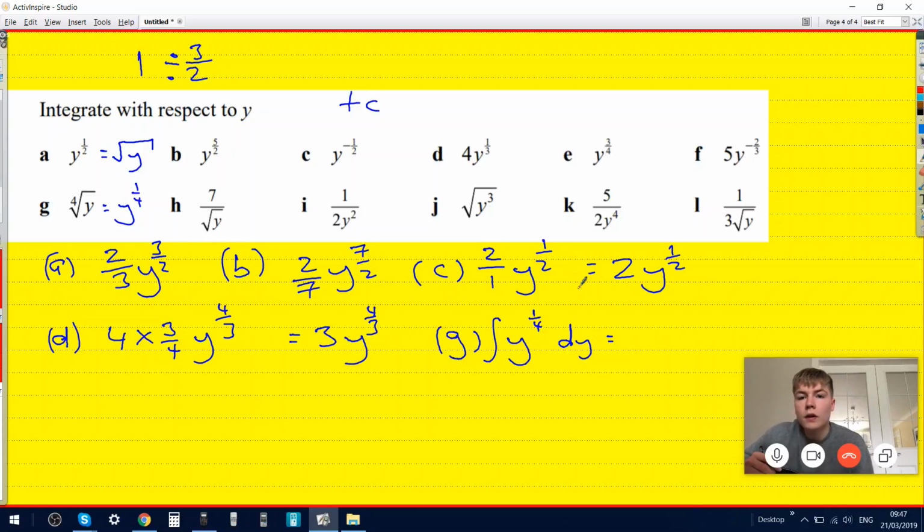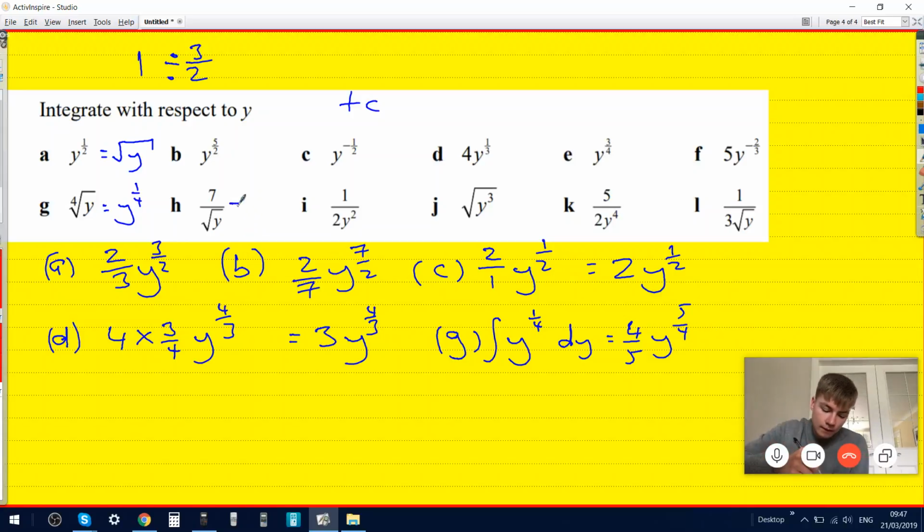Other ones, 5/4. 4/5 y. It's the power 1/4. Sorry, 5/4. So the tricky part there is just converting.